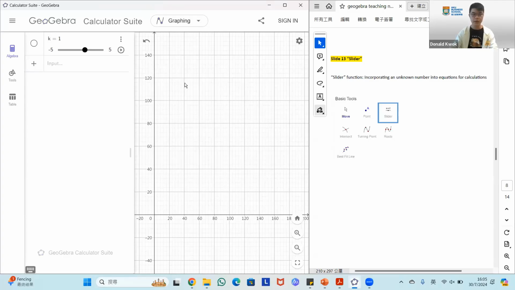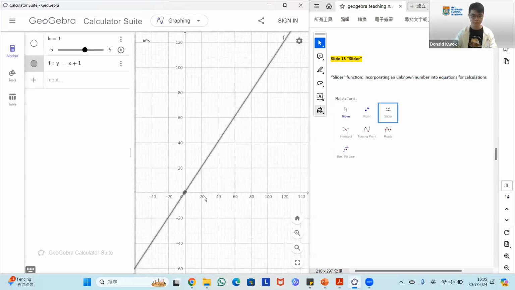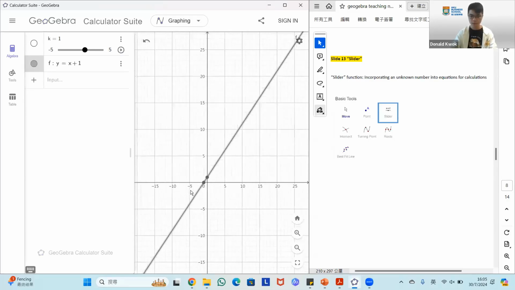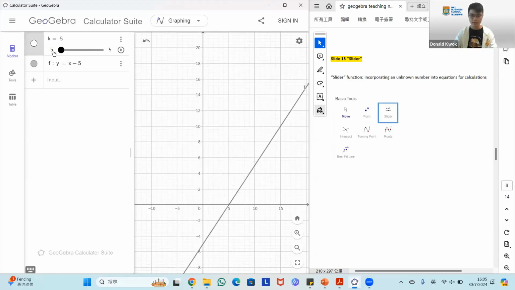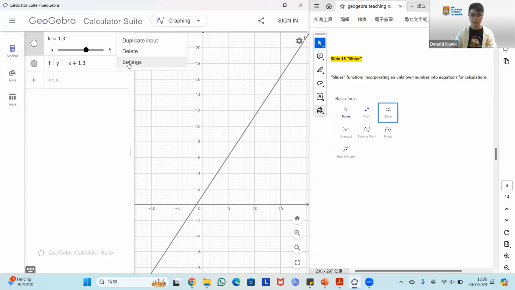Let me plot a straight line with K, the slider, as the y-intercept for better demonstration. As the value of K changes, the equation of this straight line changes. In addition, if you would like to change the bounds of this slider, you can click the three dots and then settings.